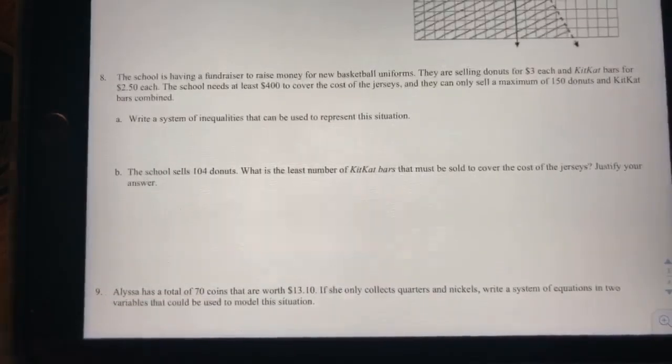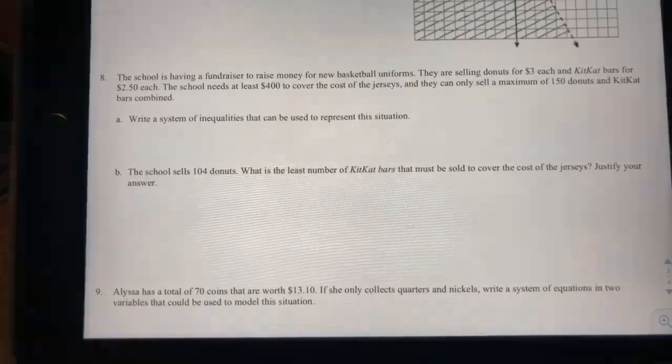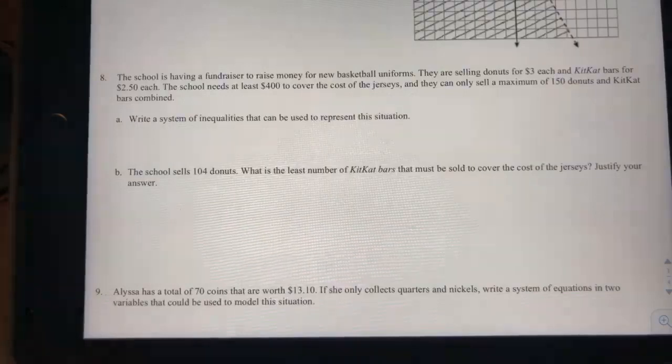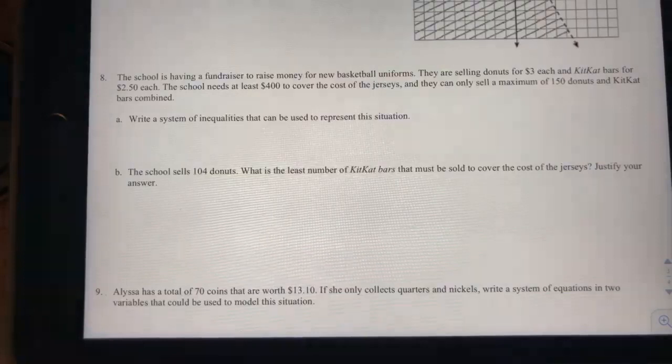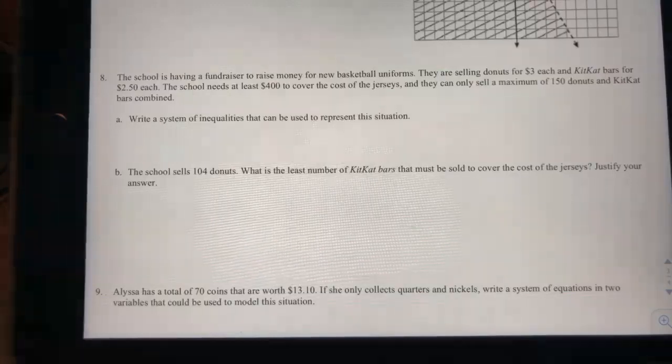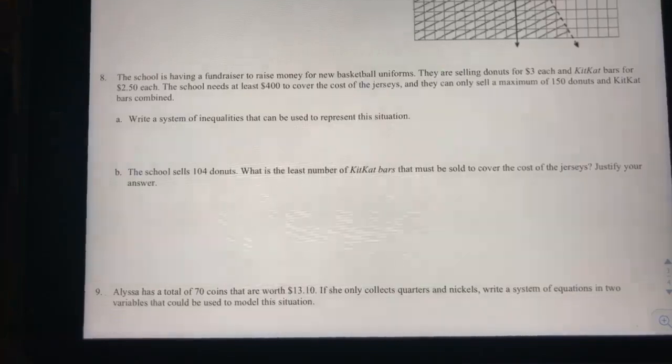Try this problem. What's up, bud? Who's that?